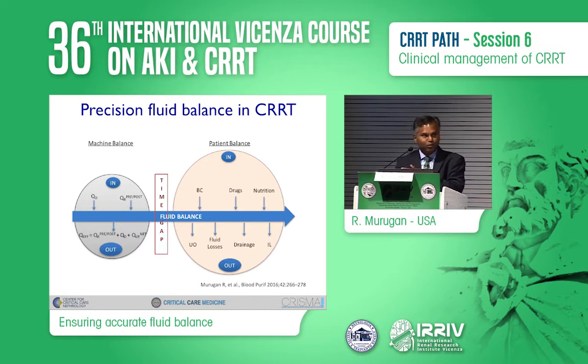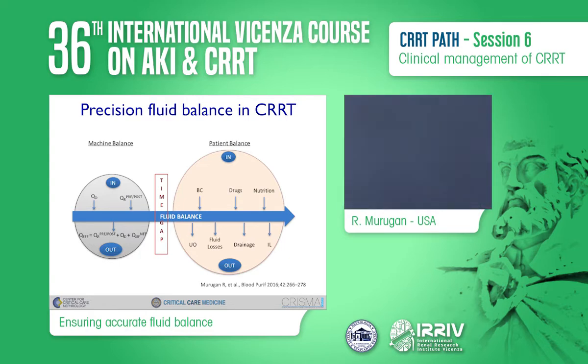So at the end of 24 hours, the patient would be 2.4 liters positive, despite you taking 100 mLs an hour. So it's very important to integrate both the machine fluid balance, which is what you're taking out in the CRRT, with what is happening in the patient.